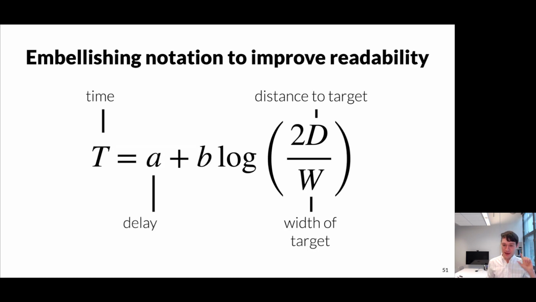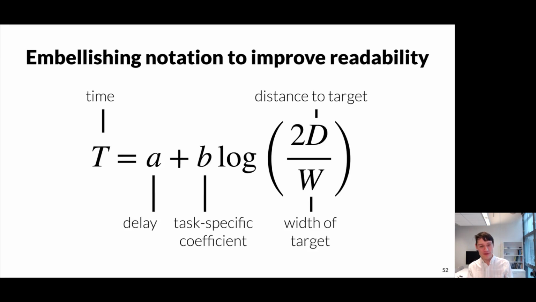And it involves some fixed amount of delay, no matter what you're pointing to. And then there's also this task-specific coefficient that you pick, whether you're on a mobile screen, or you're using your laptop, or you're using your desktop with a mouse. That's what that B corresponds to here. And simply adding those labels in the margins has a way of making this formula a lot more accessible.